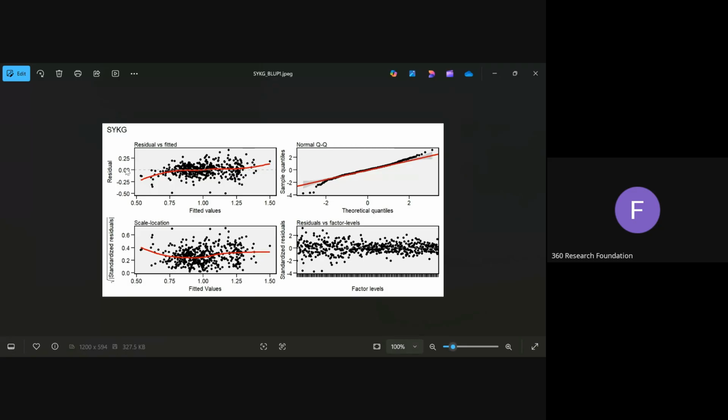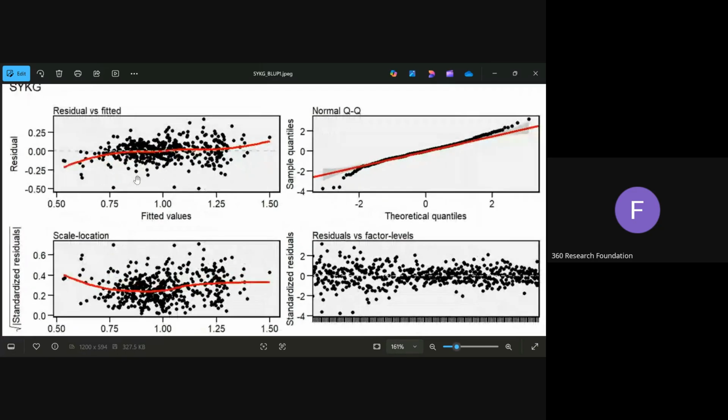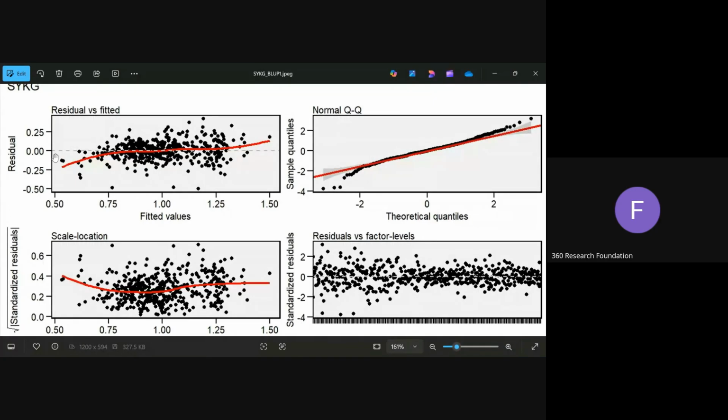You can see one dotted line here at 0, and then these are the data points, and one red line is there. The distribution starts from here, then some are at the 0 line and they are going slightly upward.